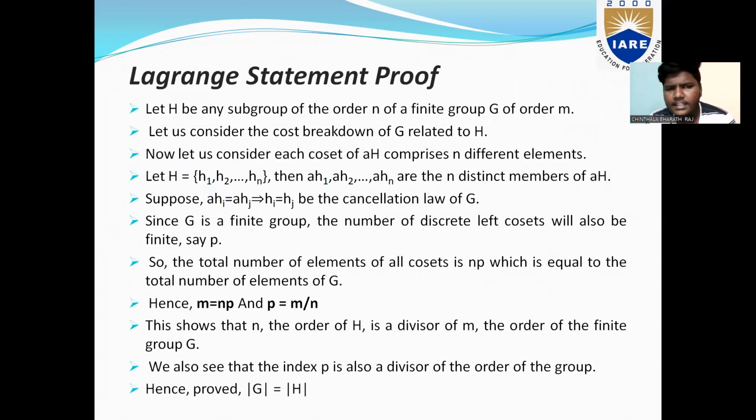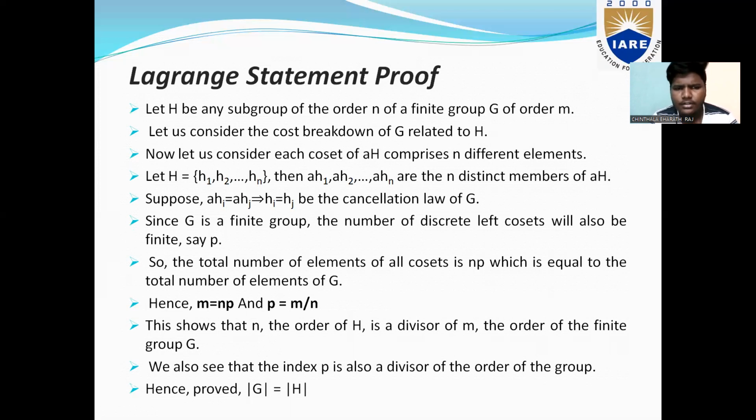Now, Lagrange's theorem proof. Let H be any subgroup of order n of a finite group G of order m. Let us consider the coset decomposition of G related to H. Now, let us consider that each coset of H comprises n different elements.